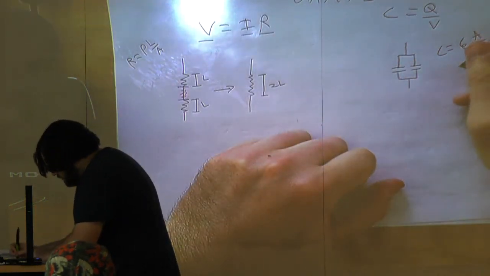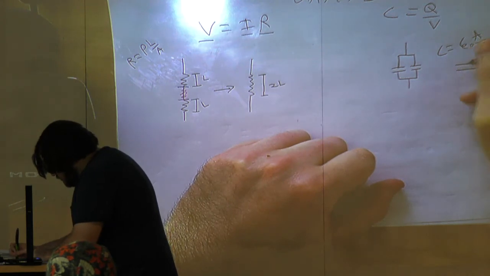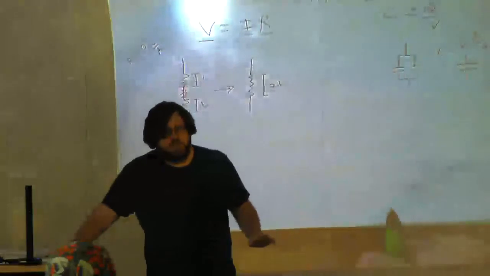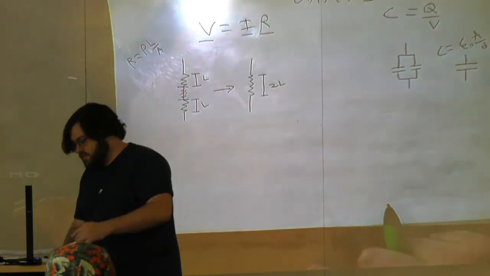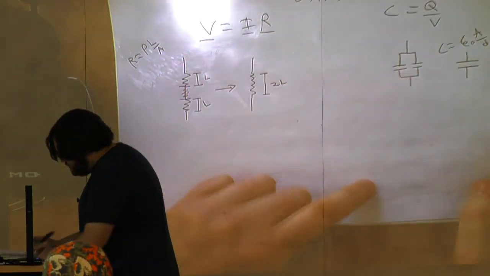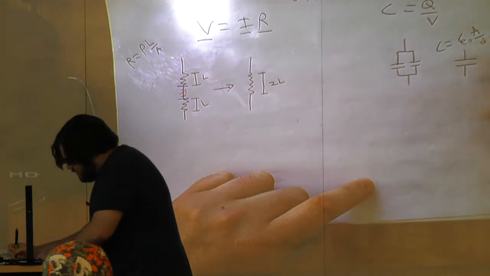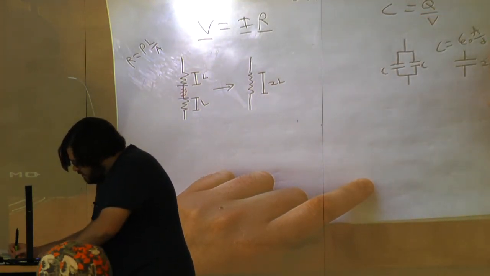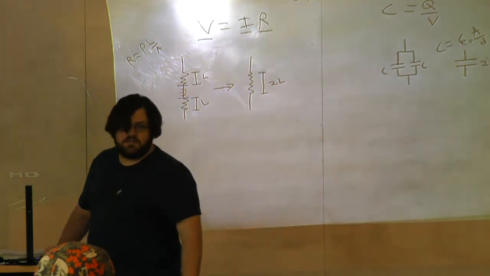It would look like this. Okay? This is not functionally any different than the original two capacitors. What that tells me is that capacitors in parallel add directly.